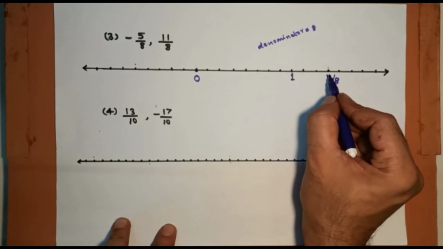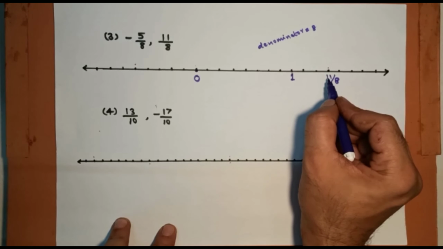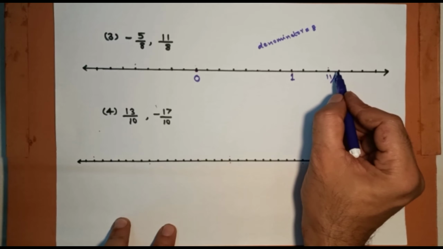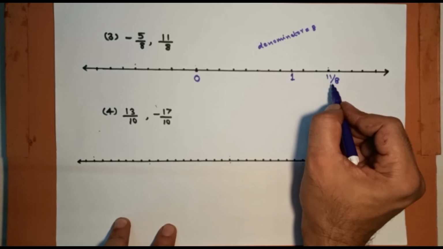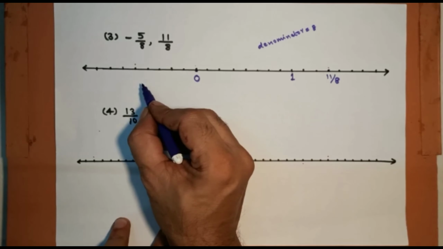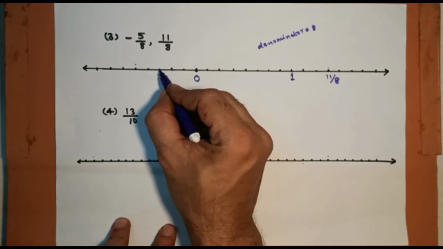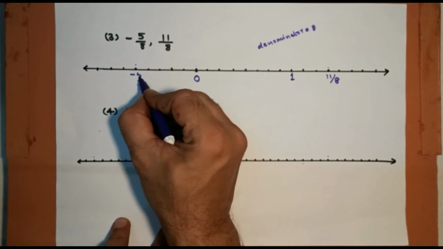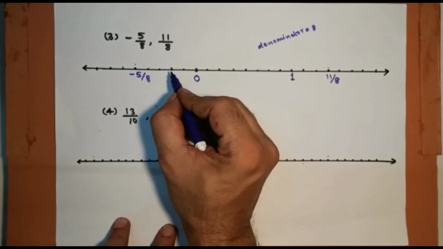You can directly find the point 11 upon 8, because the 11th point to the right side will be 11 upon 8, whereas the 5th point to its left will be minus 5 upon 8. So 1, 2, 3, 4, 5. To its left, this number will be minus 5 upon 8.